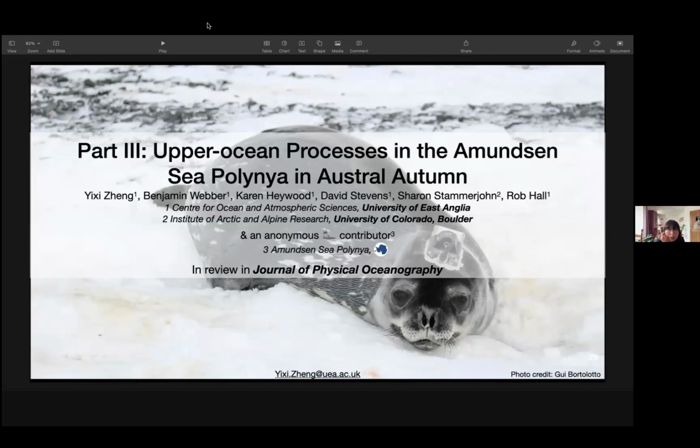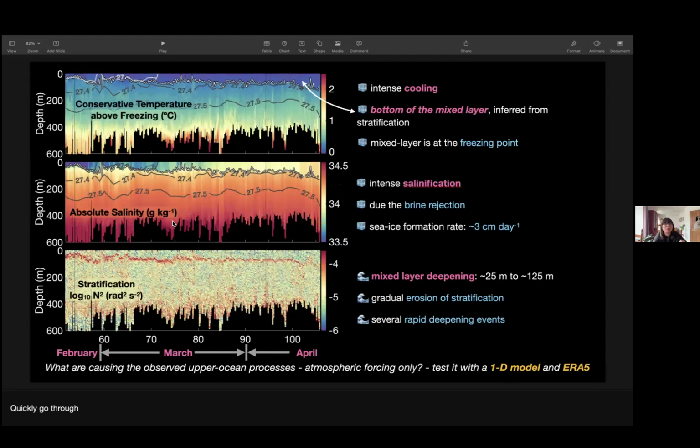I'm not going to talk about this in detail now, but it's nice to show you that for this work, we did a really thorough study of the very high resolution dataset collected by SEALS in the Amundsen Sea, and this allows us to get the stratification in the sea ice formation season, that is autumn, for the first time in this place.